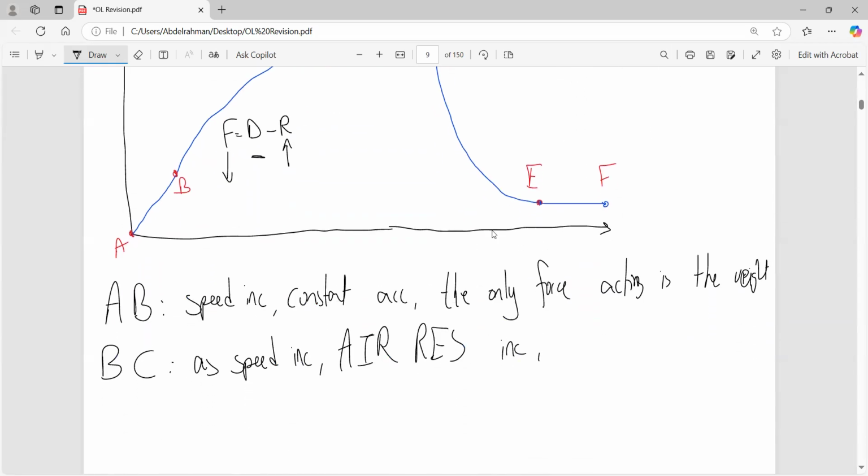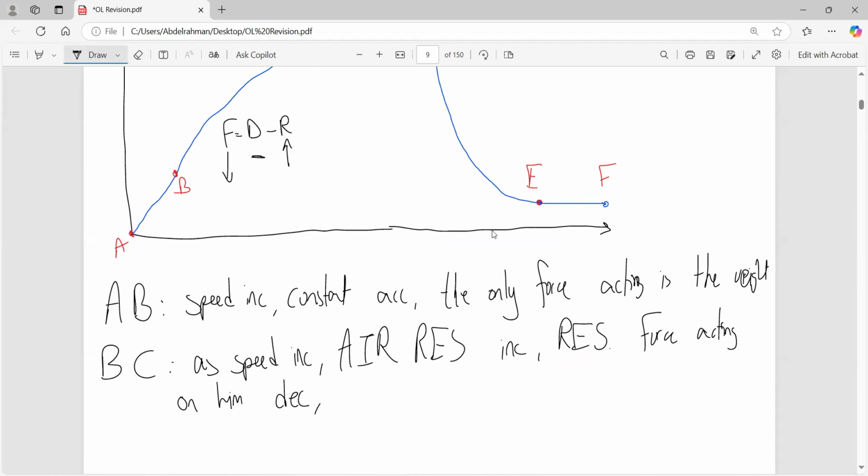So as the resistive force increases, the resultant force acting on him decreases. Meaning what?